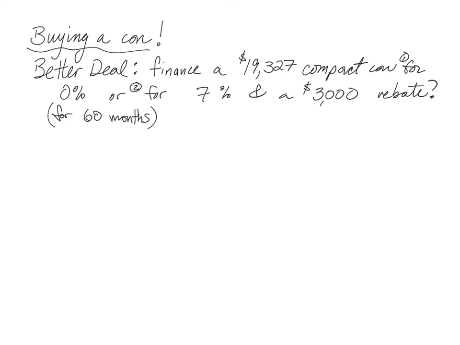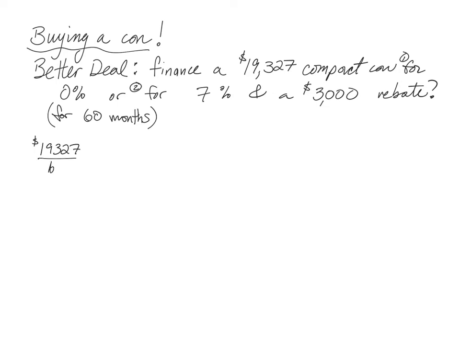So in order to figure this out, the easier example here would be to find the 0% interest for 60 months. So for the 0% interest for 60 months, to find the payment, if you're not paying any extra interest on it, you can just take the total present value of 19,327 and divide it by the number of months.